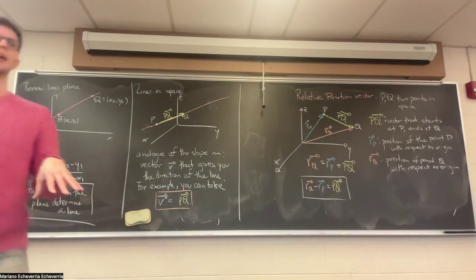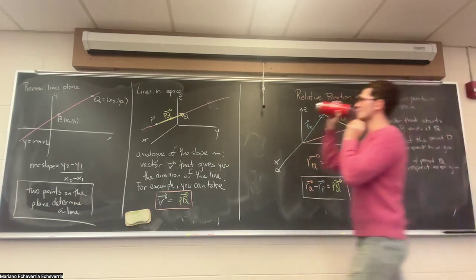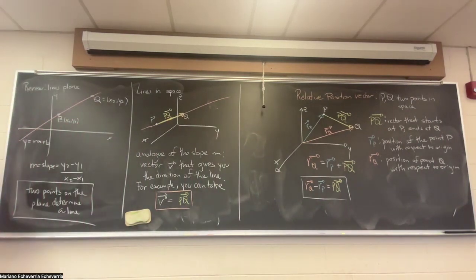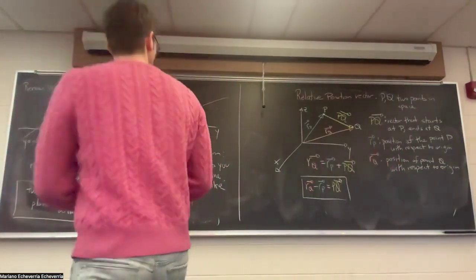Works good. So, and now why is that useful? I'm saying that with that, you can write the equation of the line in a convenient way. So let me explain how I can do that.